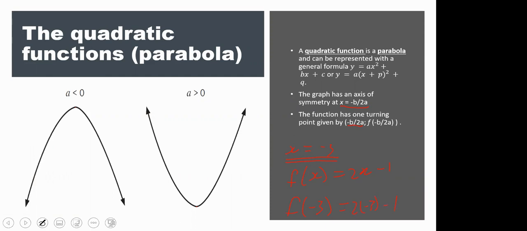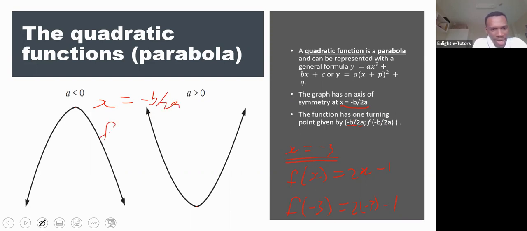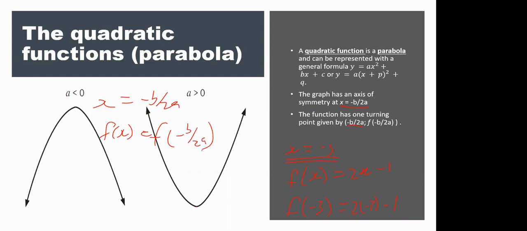In this equation, they didn't play it like that. This is our x. Our x here is going to be what? Negative b divided by 2a. You understand? So our f at x is the same as f of negative b over 2a. All right. So you substitute the x value to get the y value.